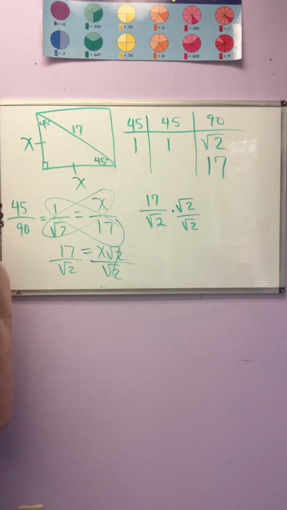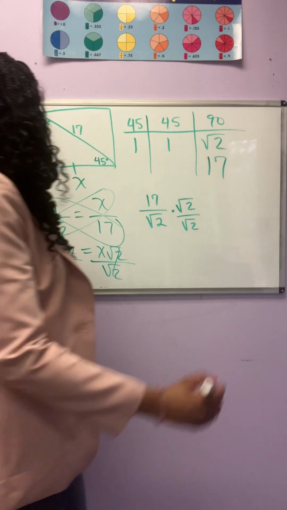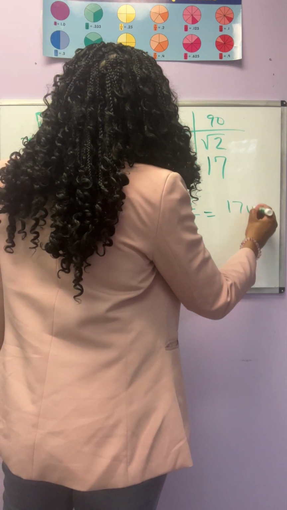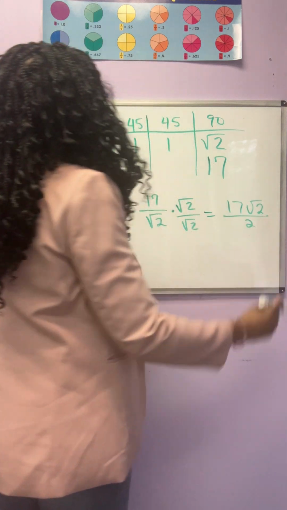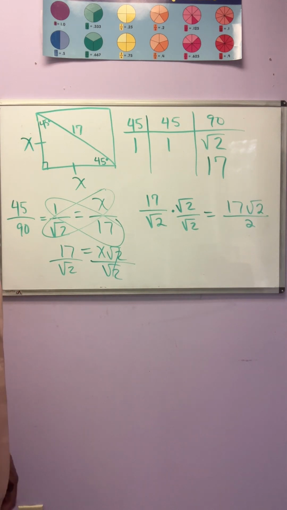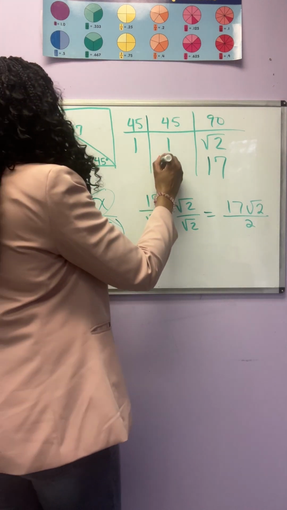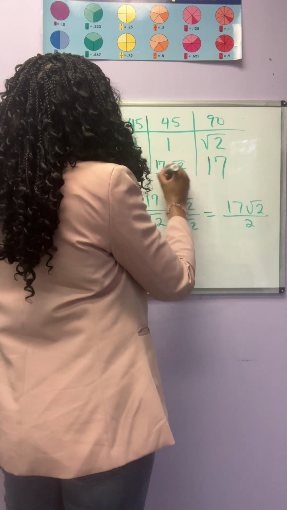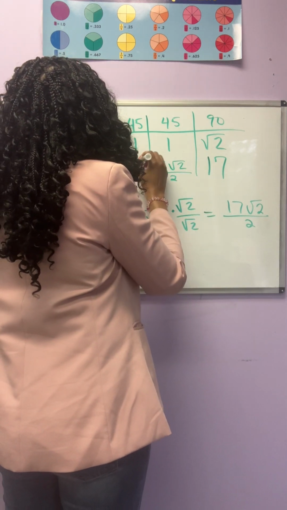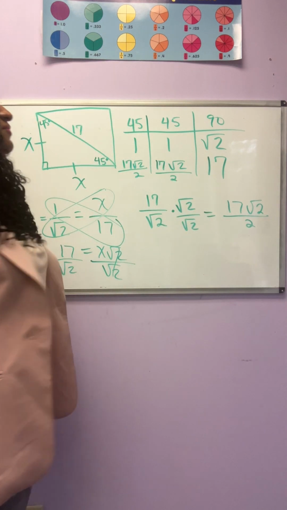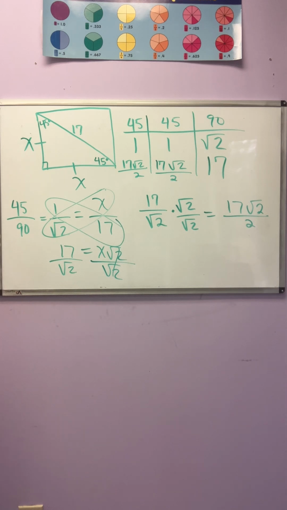That's how you rationalize your denominator. So that gives us 17 square root of 2 over 2. In this case, I would not divide, because 17 and 2 do not divide evenly. If you're going to get a decimal answer, it's best to just leave it as the fraction. So that's the side of our triangle.